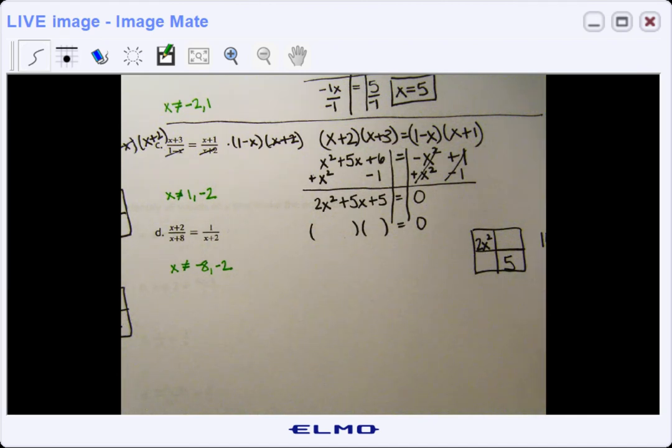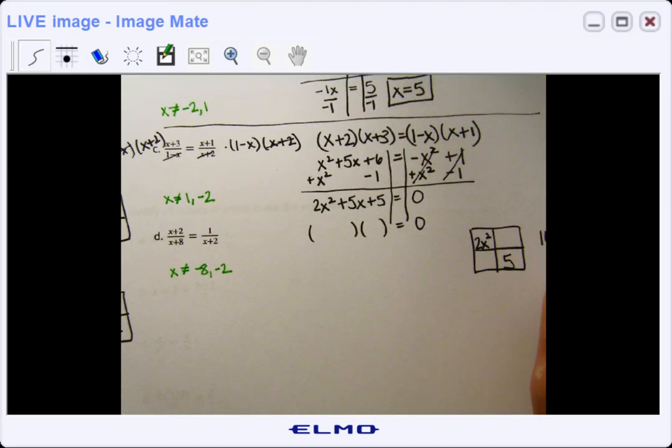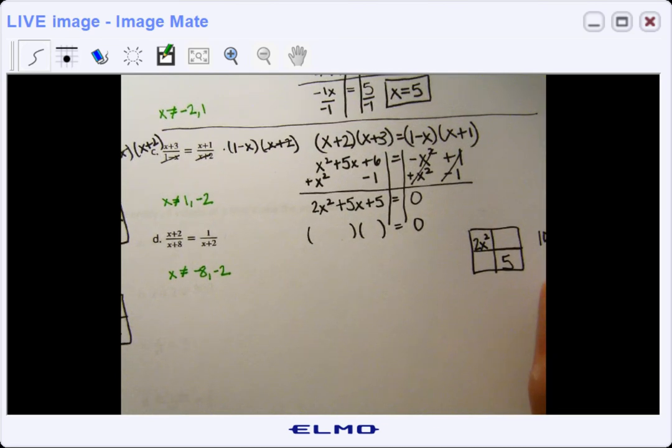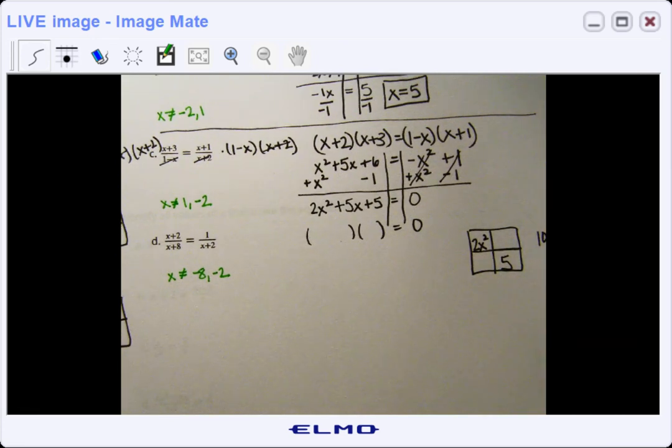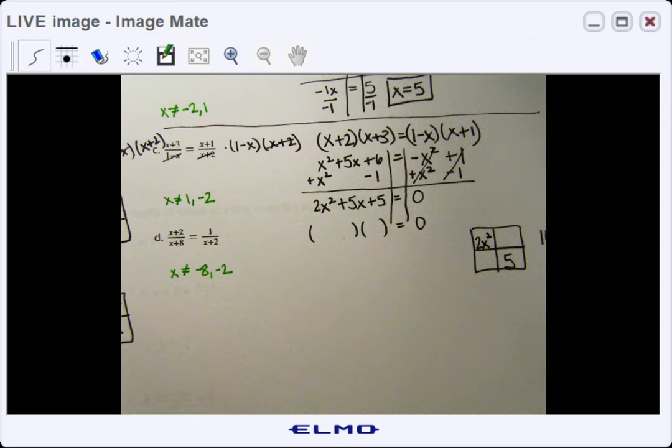And what multiplies to 10x squared and adds to 5?